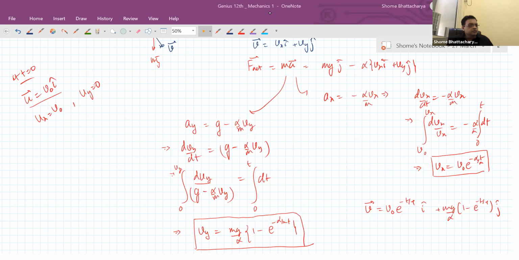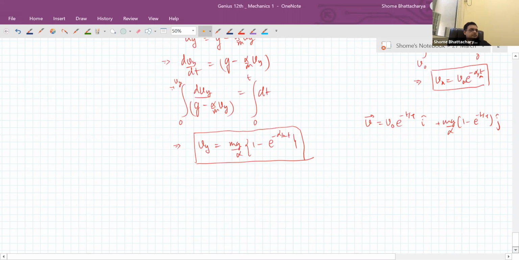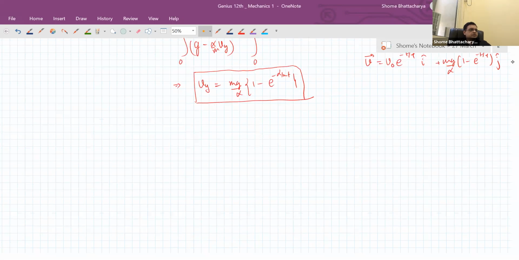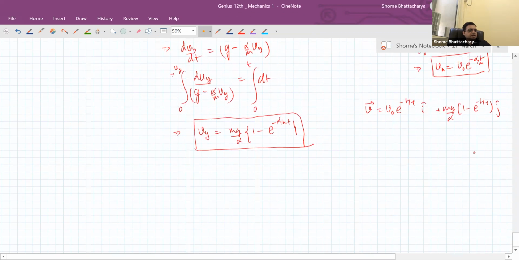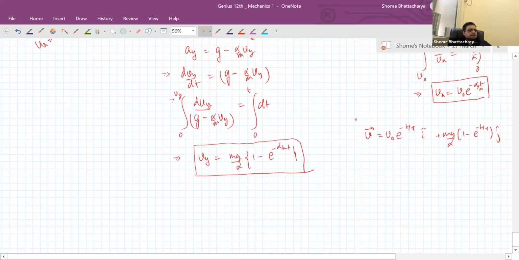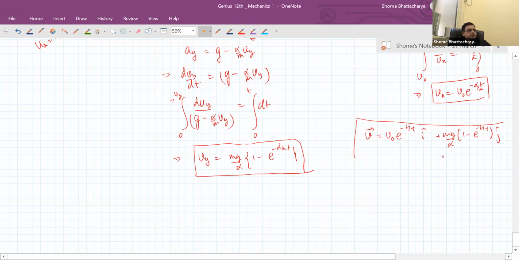Okay, so let's come back to this. So here you can see that with this relationship, your terminal velocity is becoming mg by alpha j cap, and that happens after a very long time.